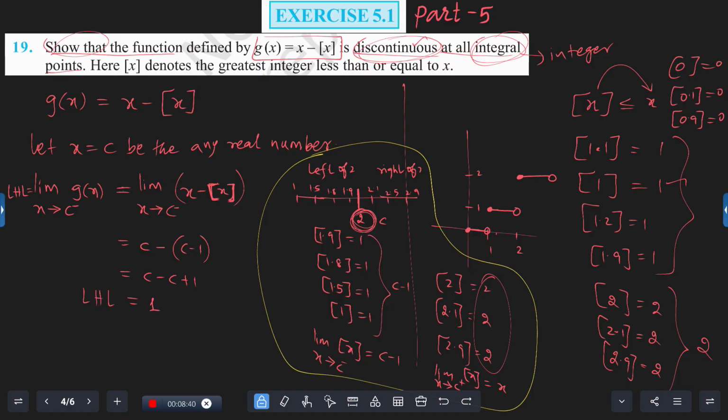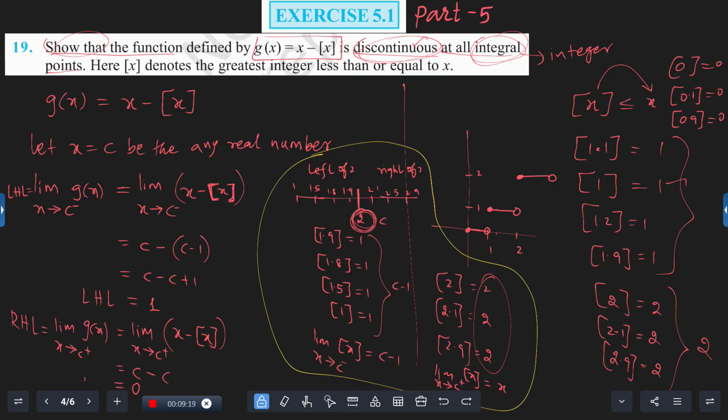Then what about the right hand limit? The limit as x tends to C plus of g of x equals the limit of x minus the greatest integer of x. Here x is replaced by C, and the greatest integer of the right side of x is also just C. Then C minus C is 0.